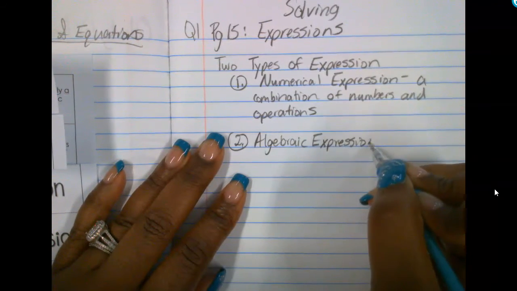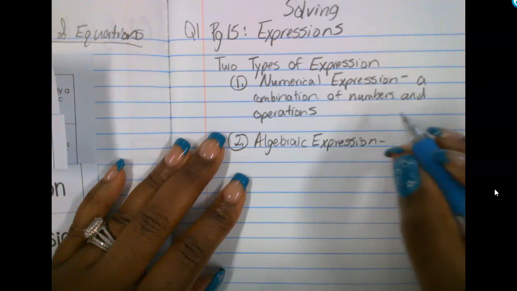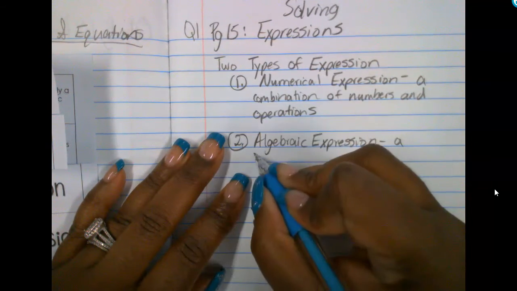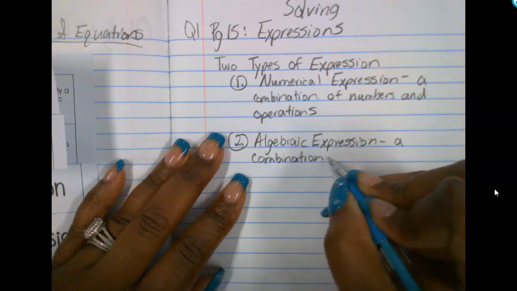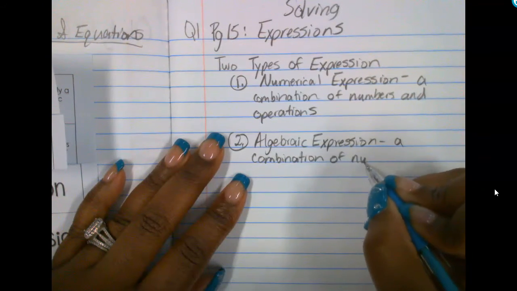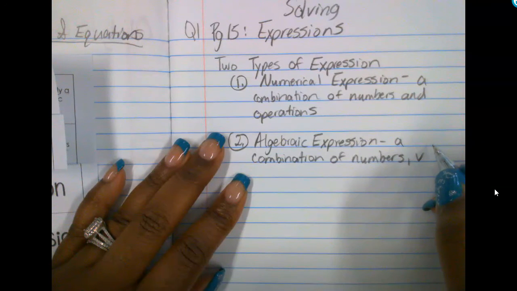Algebraic expressions are a combination of numbers and operations.